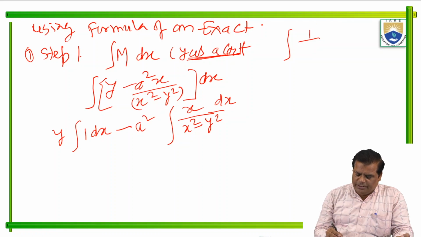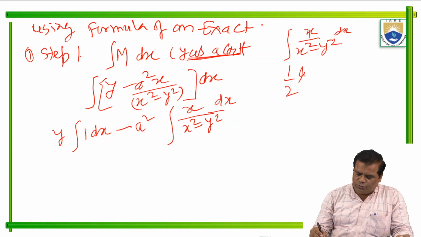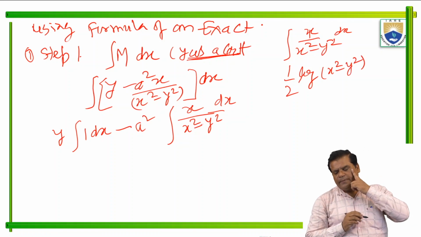So here the integration of x square minus y square dx, where y is a constant and x is the variable. Its integration will be 1 upon 2 log x square minus y square, y being a constant here.